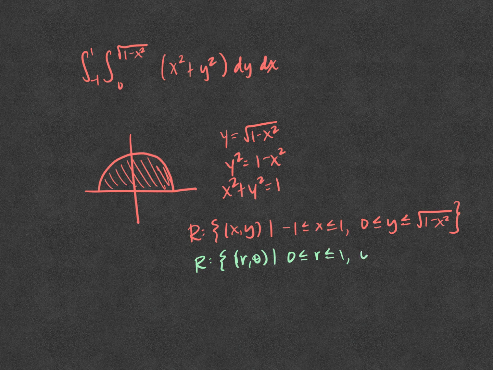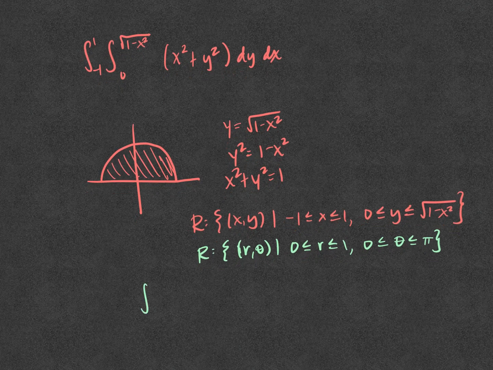But our theta here is between 0 and pi again, because it is a semicircle, it is a half of a circle, so we're stopping at pi. So we can rewrite this to be the integral. Remember, it's alpha to beta, so it's theta first, alpha to beta, and then a to b. And then we're going to do f of x.